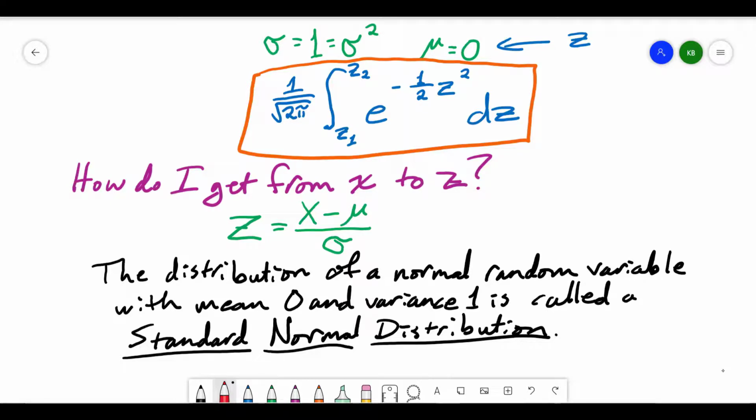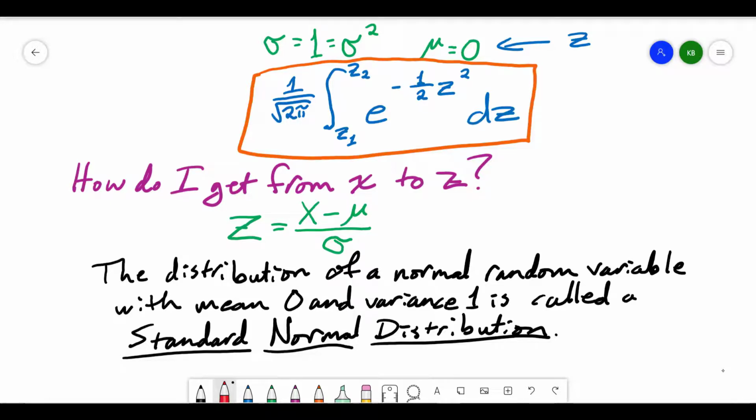We use normal distributions often enough that rather than take this integral over and over again, we have a table that gives us the values of this integral for different values. In order to have a table, what we needed was this standard normal distribution, so we can always have the mean being 0 and the variance being 1, so that all we have to account for is our z values changing.